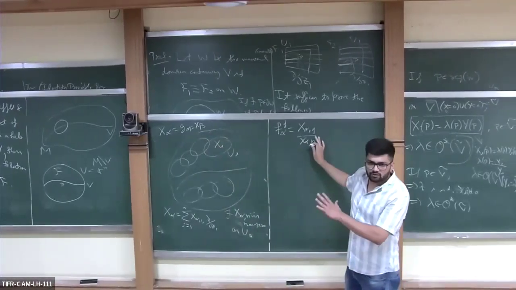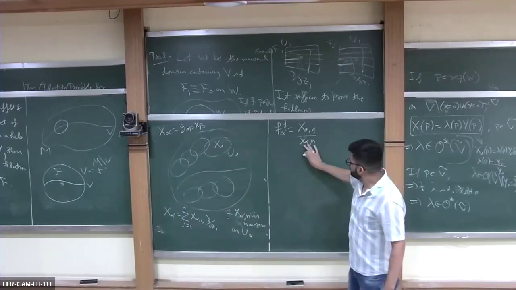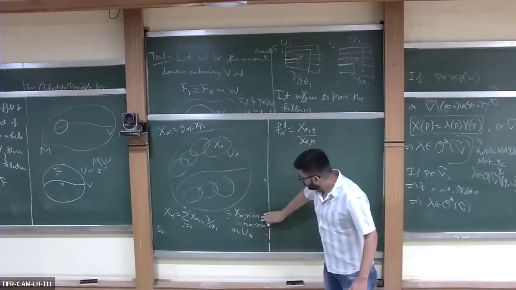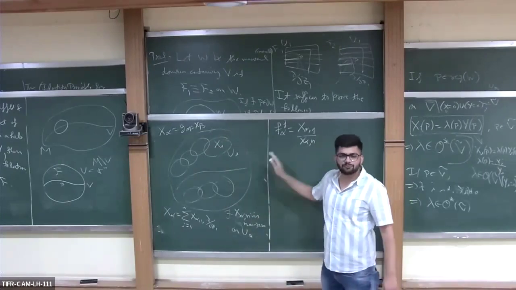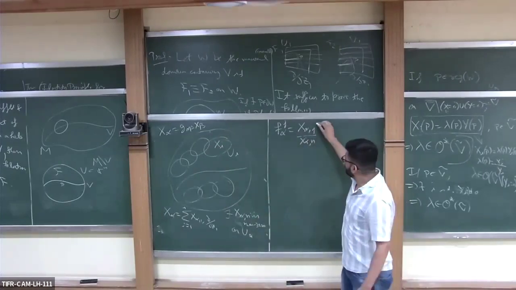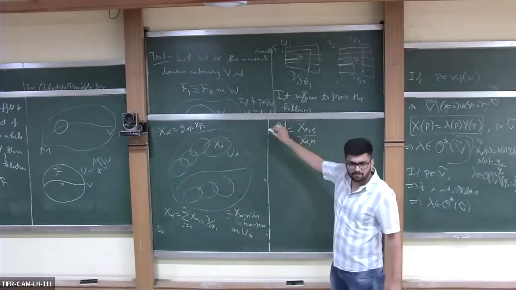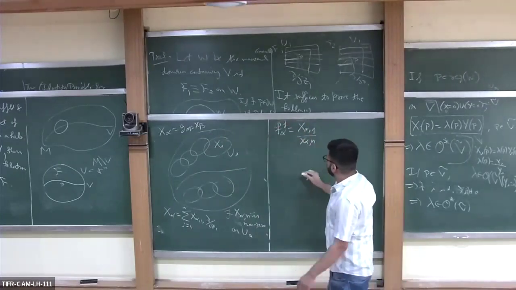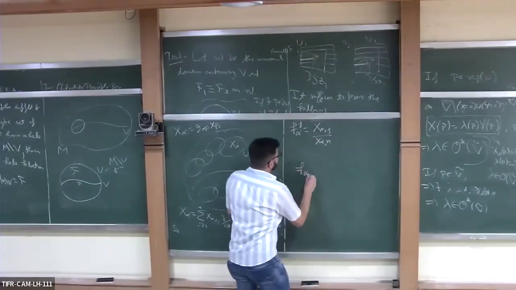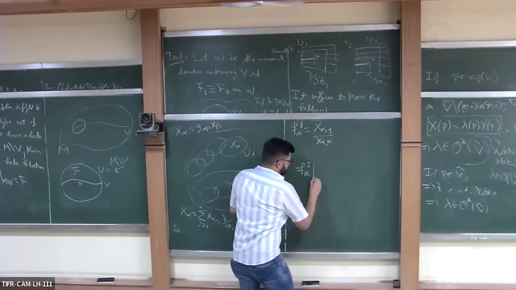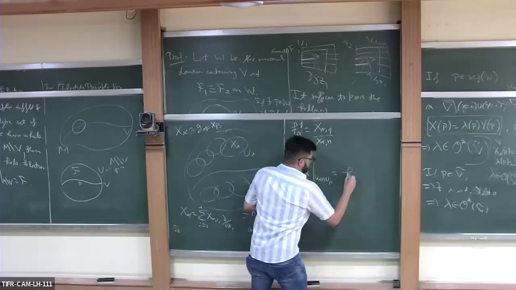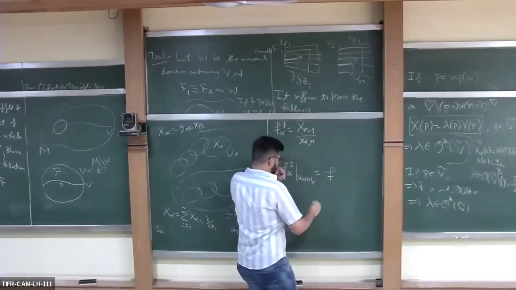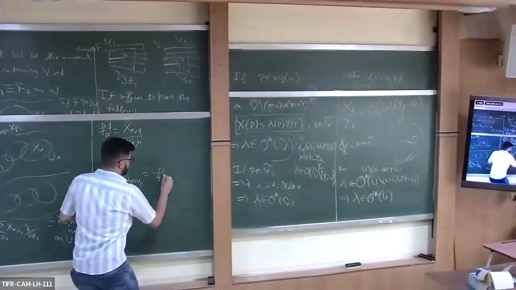Now these are meromorphic maps, of course, because these are non-zero, but they could vanish at some points. So they are meromorphic functions, but they satisfy this property: f alpha j restricted to U alpha intersection U beta is equal to f beta j.